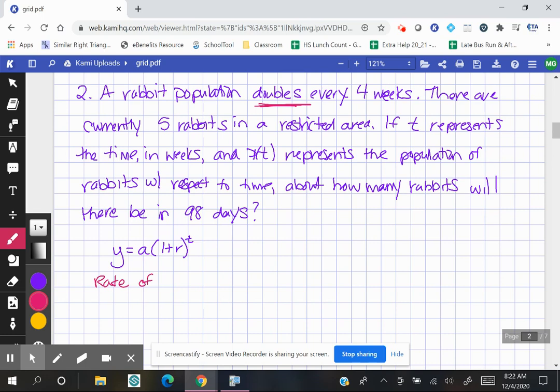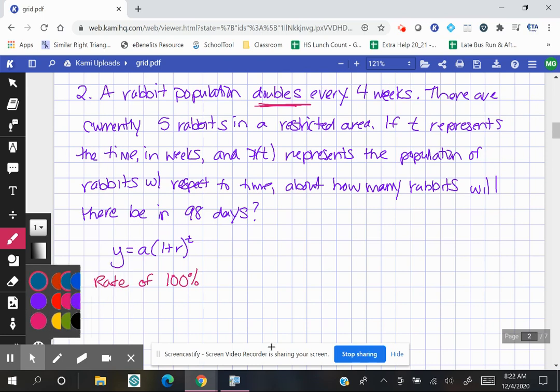If I'm just doubling, don't focus on the 4 weeks yet. If I'm just doubling, that means I'm increasing by 100%, right? So my rate is 100%. I'm going to take exactly how many I have, and I have 100% of that added onto it the next week.